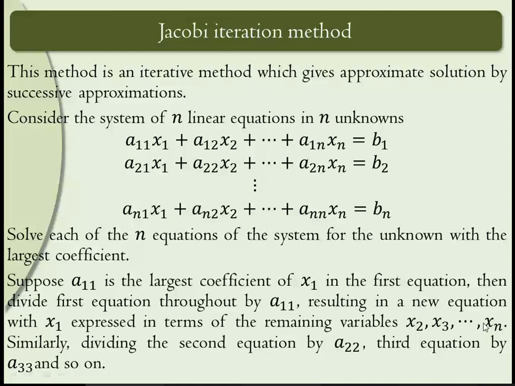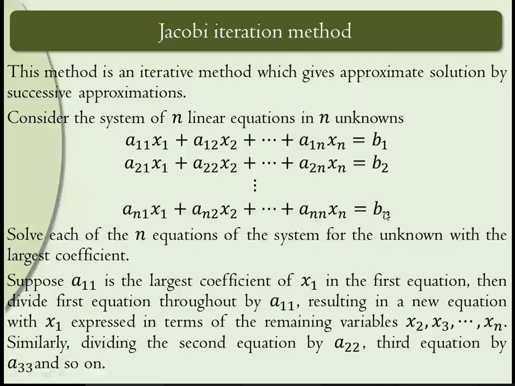Same thing: from the remaining equations, take the equation in which the coefficient of x2 is the largest. Suppose a22 is the largest among all other coefficients. Find x2 in terms of other variables. Like that, at the end, from the last equation, find xn in terms of other variables.